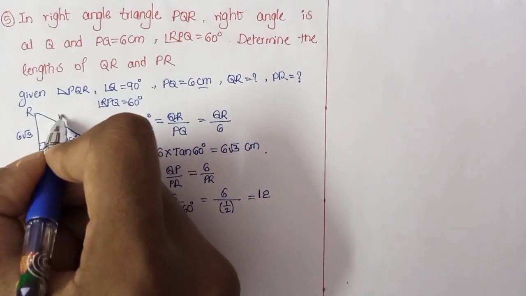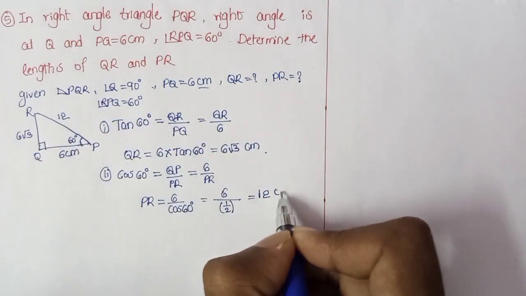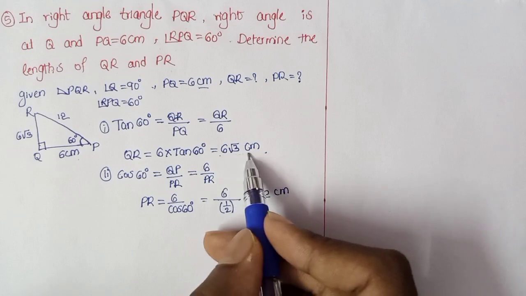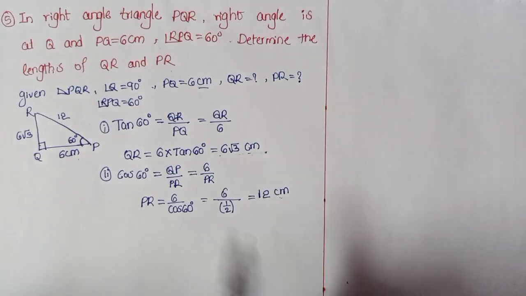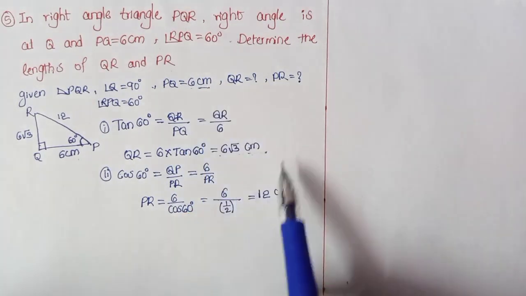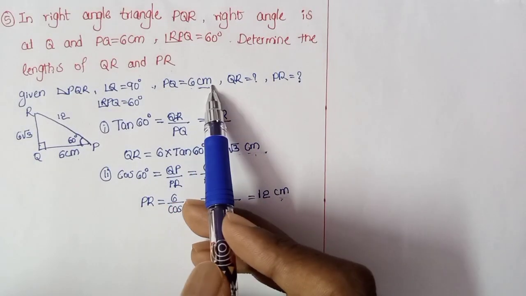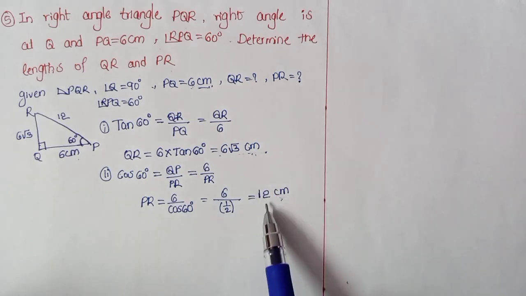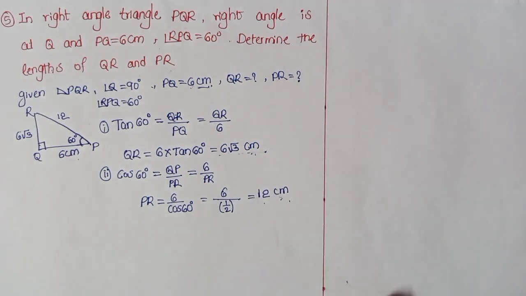So this is 12. 12 what? 12 centimeters. So after writing the value, you need to mention the units also. If they have given 6 meters, then here also meters. If 6 millimeters, then 6 root 3 millimeters, 12 millimeters. Units are very important.